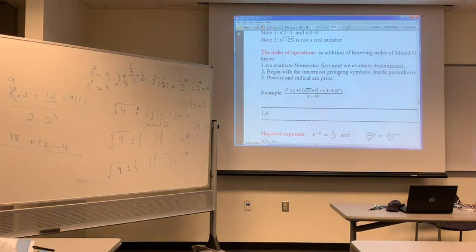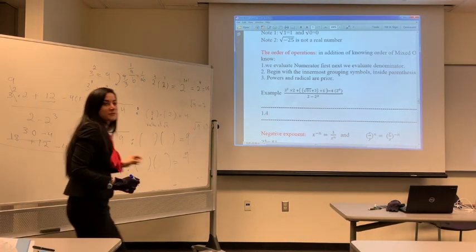So now from left to the right, if you don't have any multiplication and division, we should start with addition and subtraction. So 18 plus 12 is 30, minus 4 is 26.